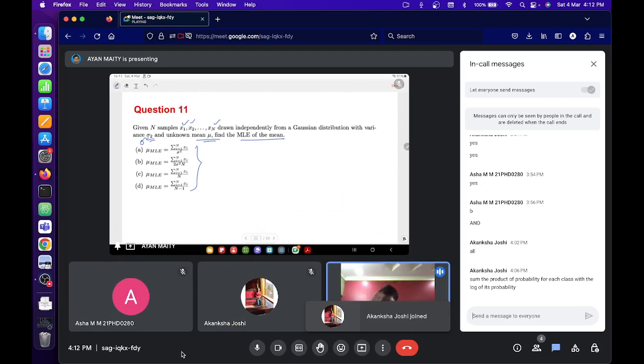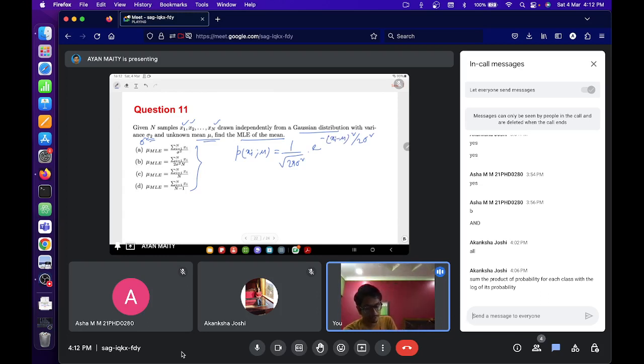So for every point, let's call the probability p of xi. These are drawn from a Gaussian distribution, so we already know how it looks: e to the power minus xi minus mu whole square by 2 sigma square. So this is the Gaussian distribution for p of xi given mu, parameterized by mu.